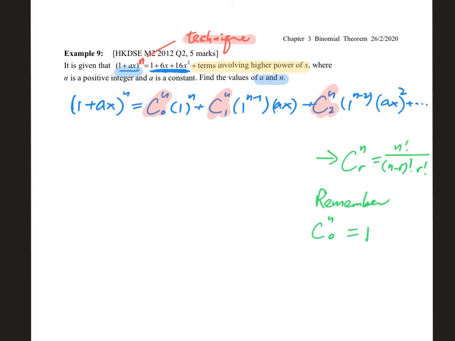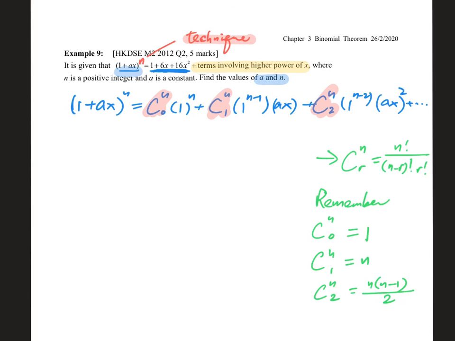Please, you may try it yourselves. nC1 will be n, nC2 will be n times n minus 1 over 2. So please remember these 3 values, which will be very useful in your coming work.